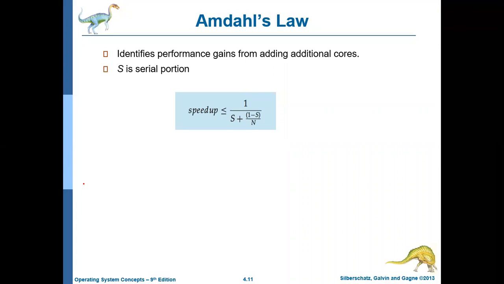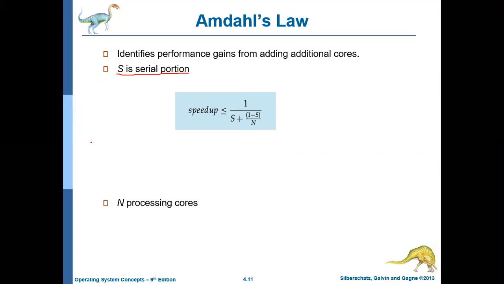The serial portion means these tasks should be executed serially, even though you have a multiprocessor system with 4 or 5 processors or cores. These instructions cannot be executed in parallel. So how many such instructions are there? That is represented by s. So s represents the percentage of the serial portion of the instructions.